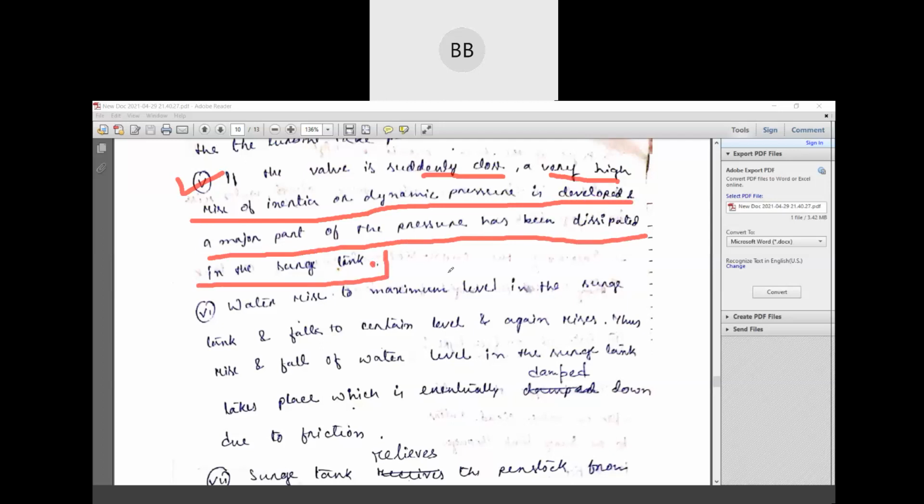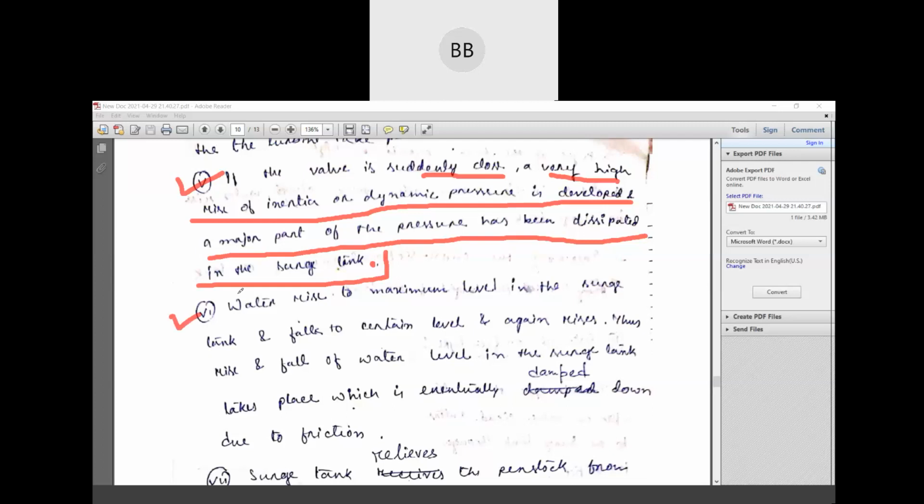Okay, that is your water hammer pressure. So water hammer pressure is a dynamic pressure.